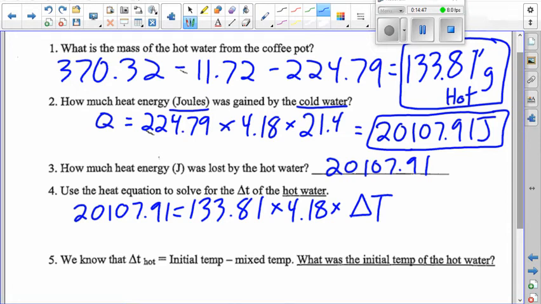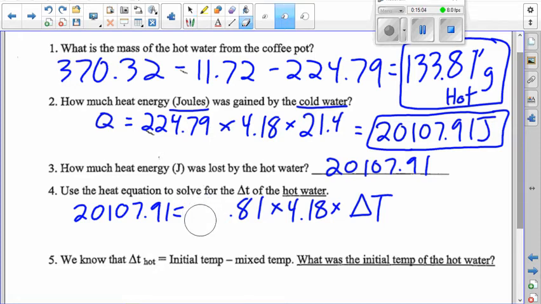Okay? So as I simplify this, I'm going to multiply 133.81 times 4.18 just to clean this up a bit. Pulling out my calculator, 133.81 times 4.18.